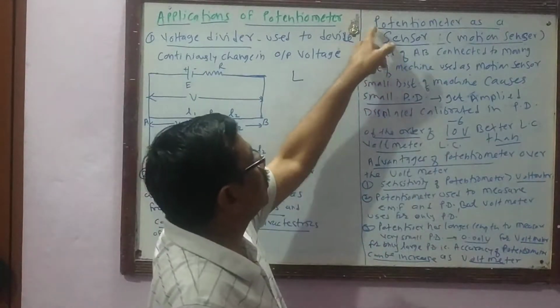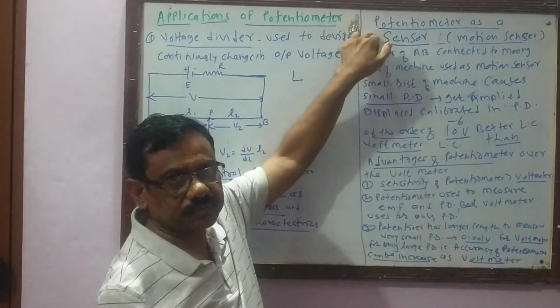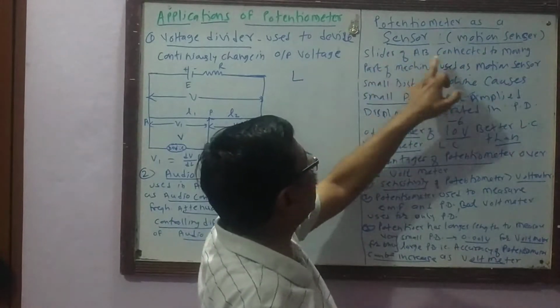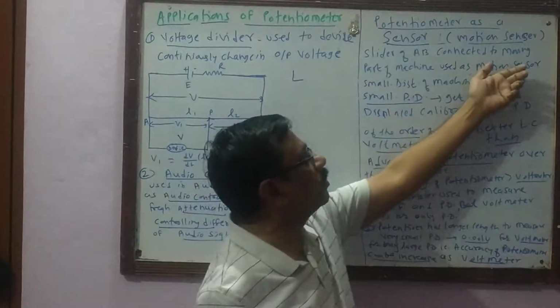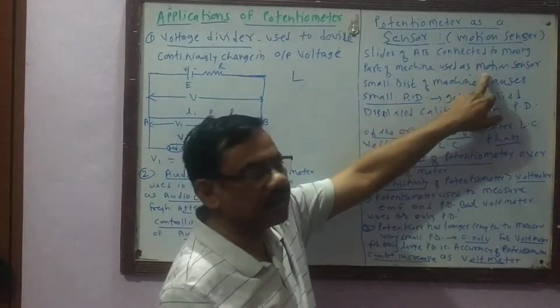Now the third application is that the potentiometer can be used as a sensor. The slider of the potentiometer, that is P, is connected to the main part of the machine. Hence it can be used as a motion sensor.